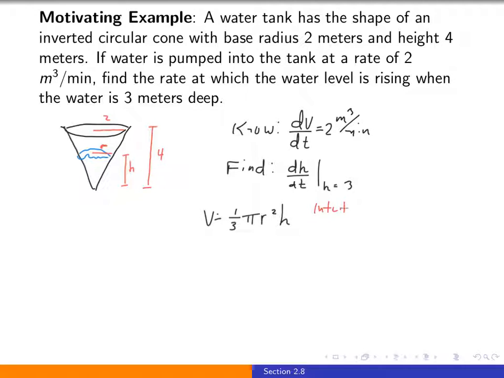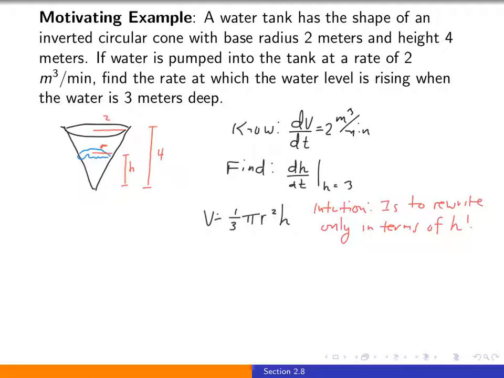So my intuition is to rewrite it so that it's only in terms of h. The big reason I'm coming up with that intuition is we want to find dh/dt and we do not know what dr/dt is. And there's a common technique that's going to help us here.